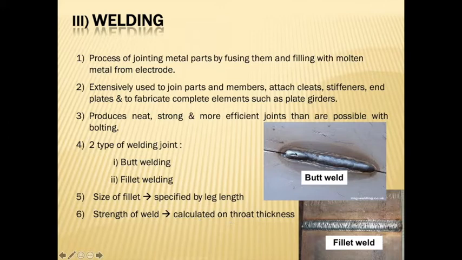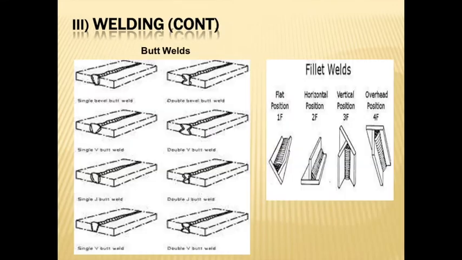You can see here we have the butt weld, where we can see that the welding material is on the surface. However, for the fillet weld, it is inside, and usually it has the shape of a curve.